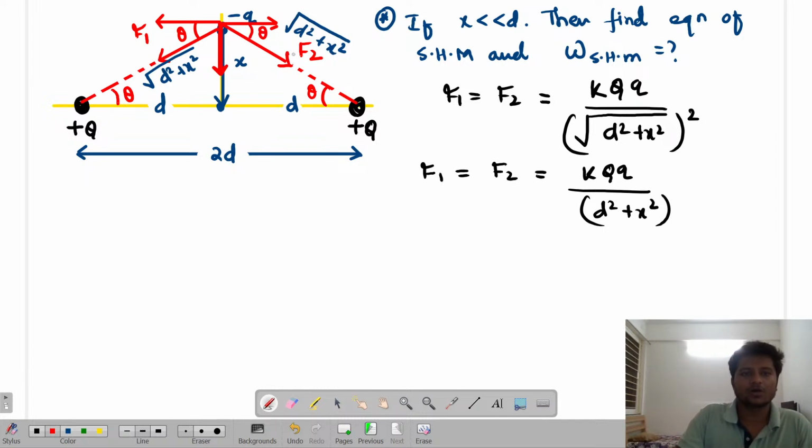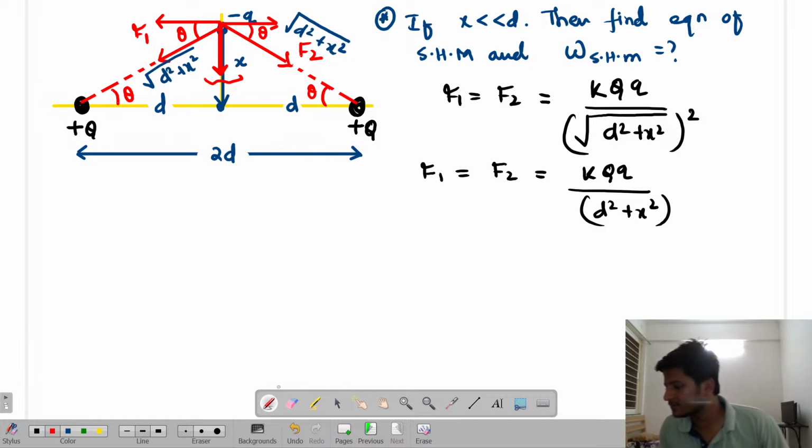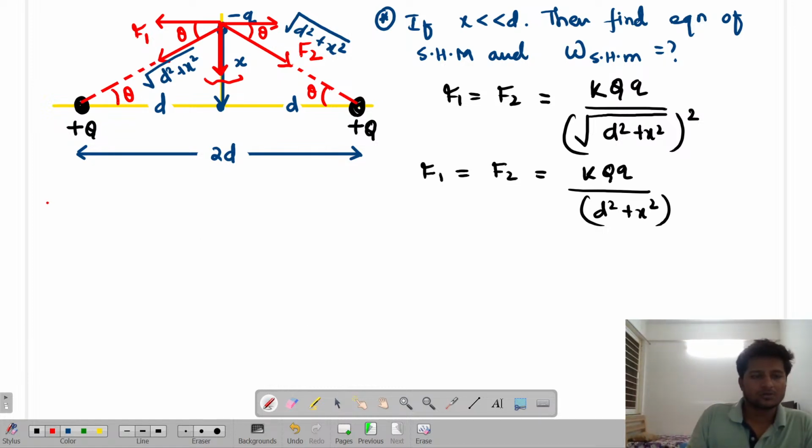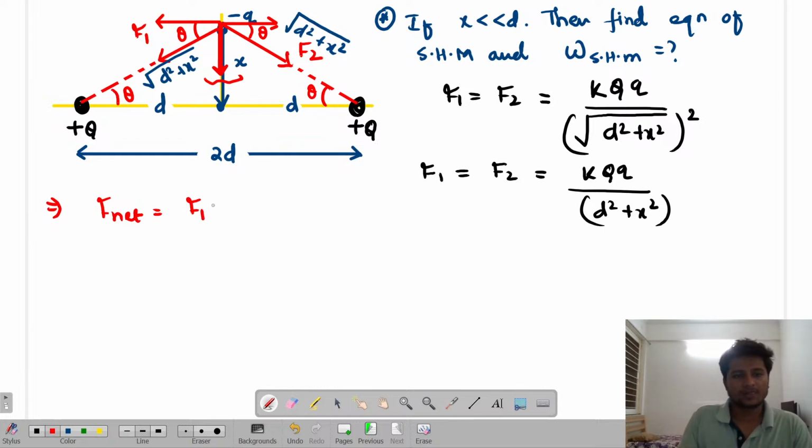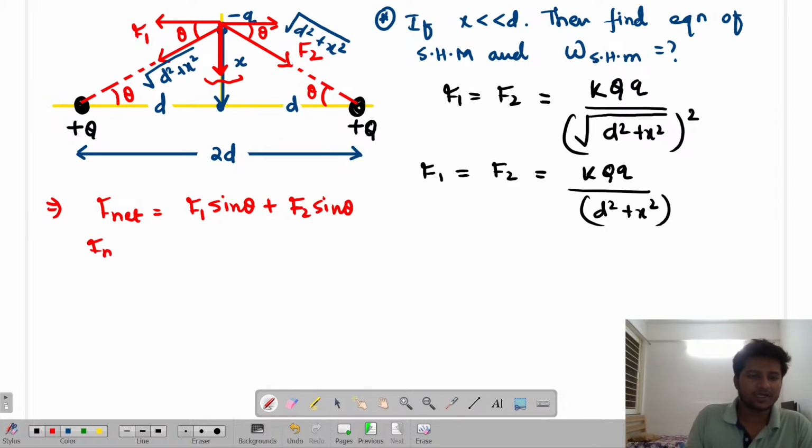That the cos theta components of F1 and F2 both are getting cancelled while the sin theta components are getting added, isn't it? So this means that F net becomes how much? F net is F1 sin theta plus F2 sin theta, which are exactly the same. So F net I can write directly as twice F sin theta.